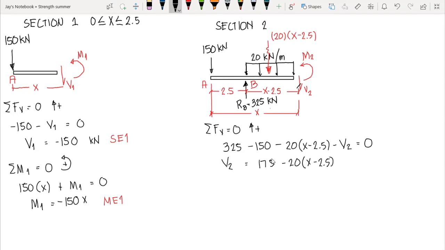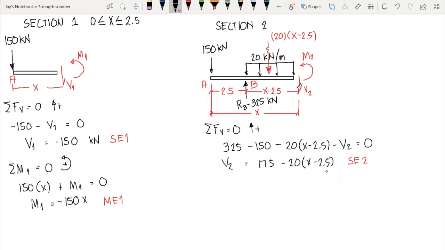We transpose shear 2 to the right side, so we could have positive, but I rewrite it this way. So we have shear 2 equal to 175, and the sign of this one remains, minus 20 times x minus 2.5. So this is our shear equation number 2 of section 2.